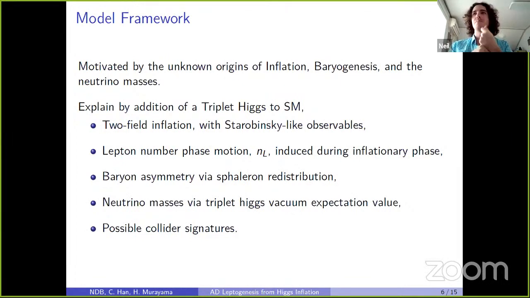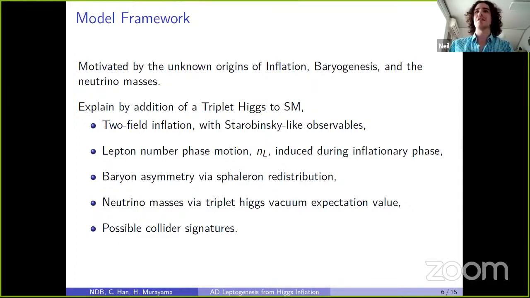This will lead to some non-zero lepton number density by the end of these epochs. That lepton number density in the thermal plasma will be redistributed by equilibrium sphaleron transitions, as in usual leptogenesis, generating a baryon asymmetry well before the electroweak phase transition. Later on, the triplet will take its VEV and we'll get neutrino masses.